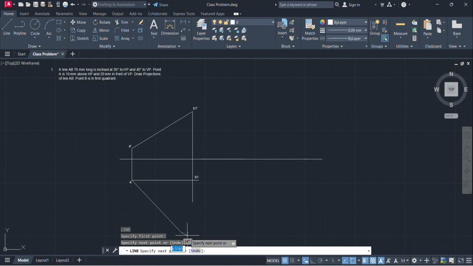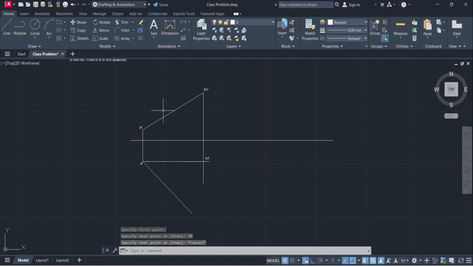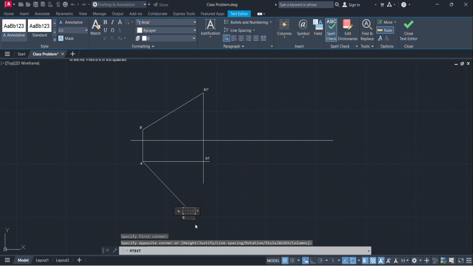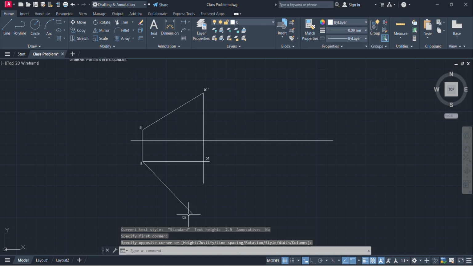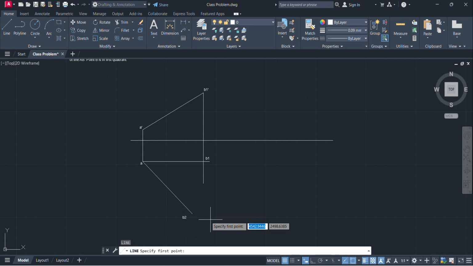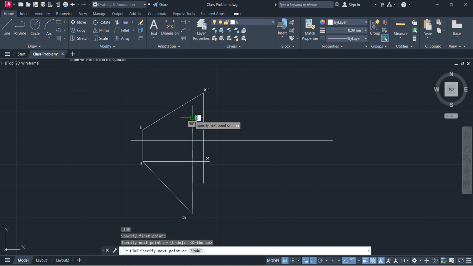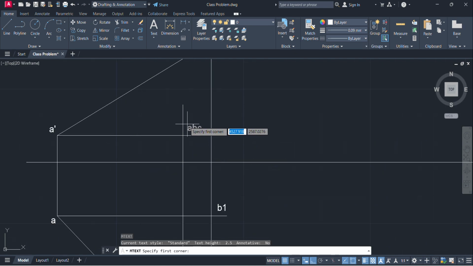So I will mark it. Once I am done with this, the point here which I got will be point B2. That means it's an apparent position of the top view of point B. As per the earlier process, again I can draw a projector from point B2 and draw a locus from point A dash, and where both will intersect, that will be my point B2 dash.